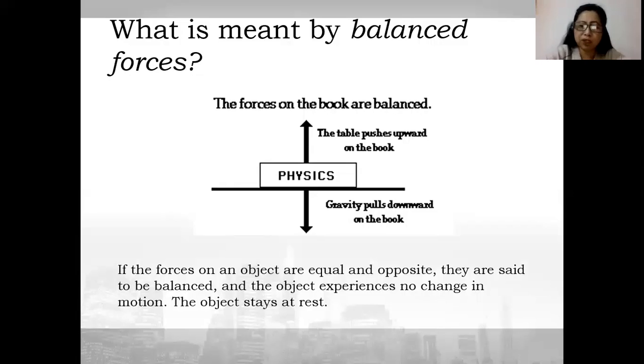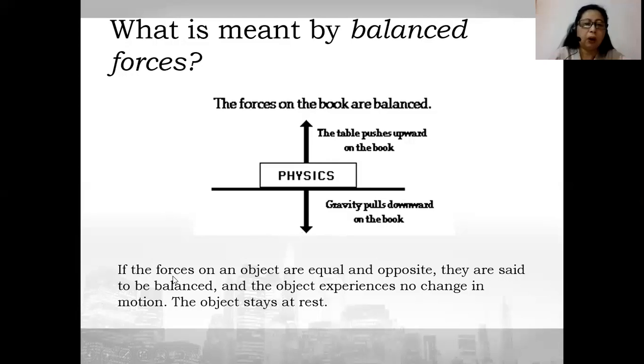So if the forces on an object are equal in magnitude, meaning they have the same amount of force, and if you represent the forces in terms of force vectors, the length of the arrow shows equal magnitude, and their directions are opposite.